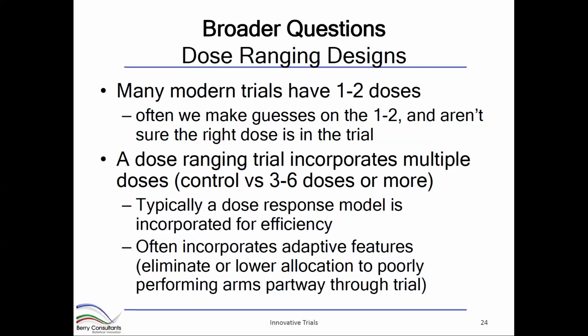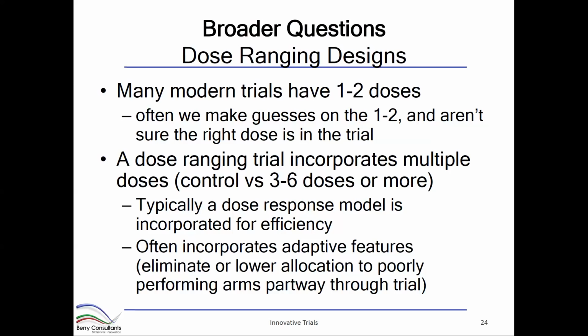A dose-ranging trial typically incorporates multiple doses, 3 to 6. You may do more than that. We've certainly had trials that have 15 doses or continuous dosing. And the way these are handled is usually a dose-response model is incorporated for efficiency. So you try to combine the information across multiple doses to give yourself an estimate of a common curve.